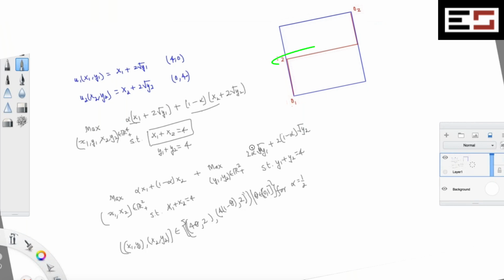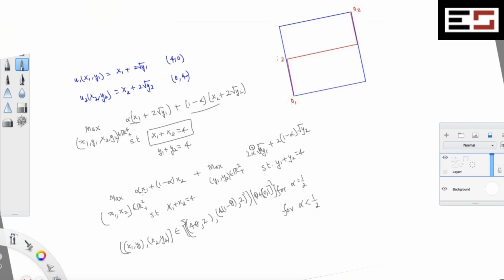So all these points you're going to get, because x1 and x2 can take any value between 0 and 4, and y1 and y2 are 2 each. So you're going to get all these solutions for alpha equal to half. Is that clear?